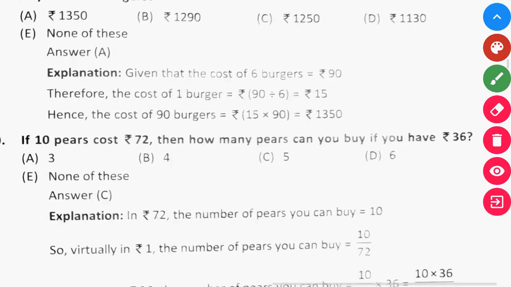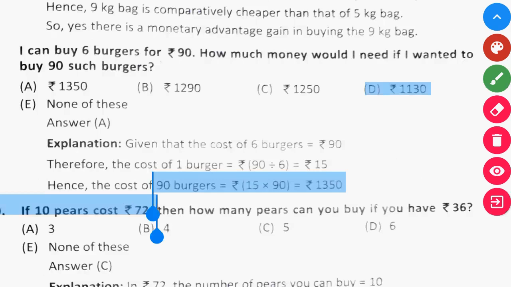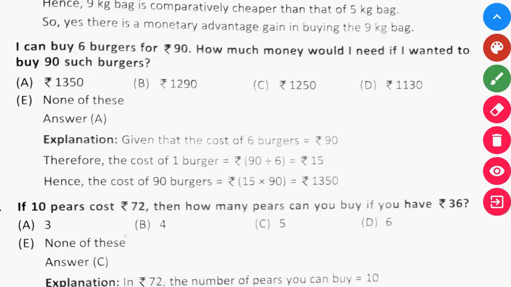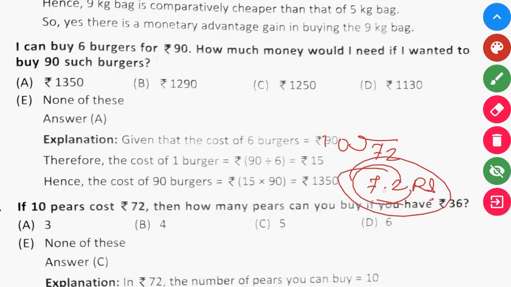Now the next example is: 10 pears cost 72 rupees. How many pears can you buy if you have 36 rupees? First you have to find the cost of one pear. If 10 pears are 72 rupees, the price of one pear is 7.2 rupees. Now you have 36 rupees, and you have to find how many pears.